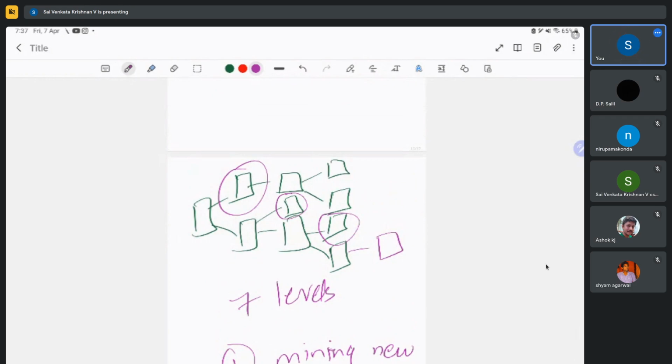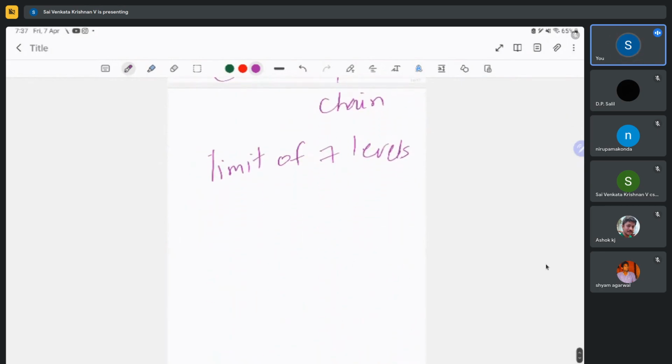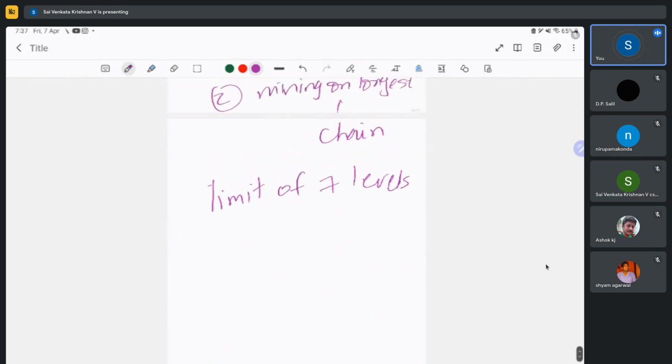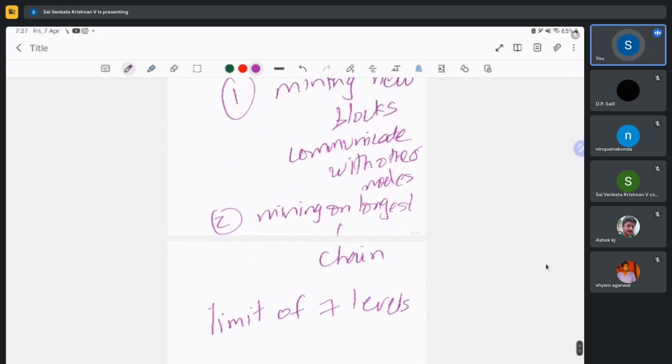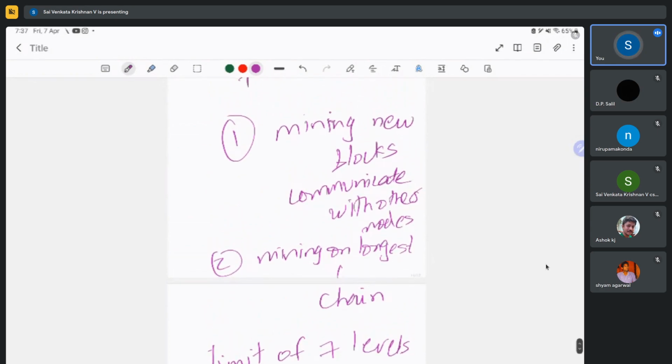Eventually the mining node would be forced to add on top of the longest chain, in fear of crossing that level limit, right? So Ethereum has this limit, and it also follows a sort of GHOST algorithm to make forking much safer, and rewards the orphaned blocks also by adding them into the longest chain calculation procedure.